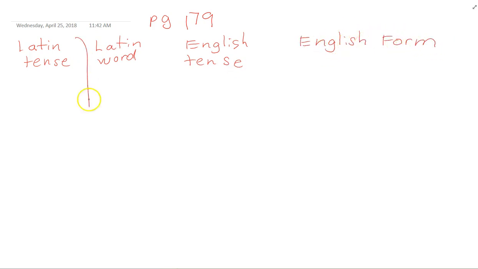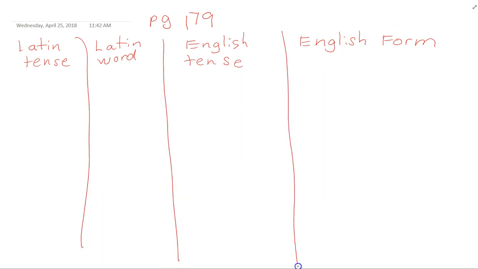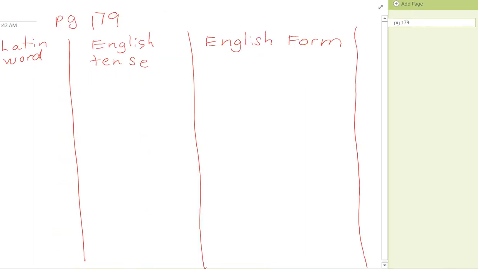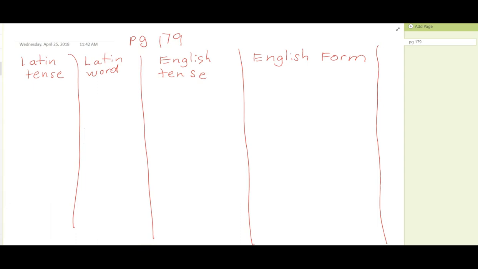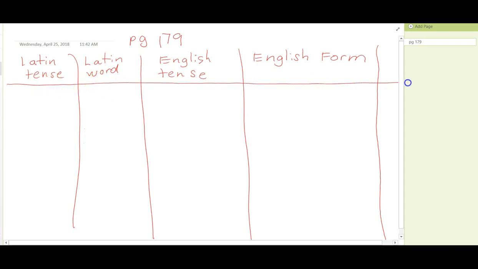Since our Latin tenses and our English tenses are a little bit different, that's going to make this chart very interesting. So I want you to do this chart with me.